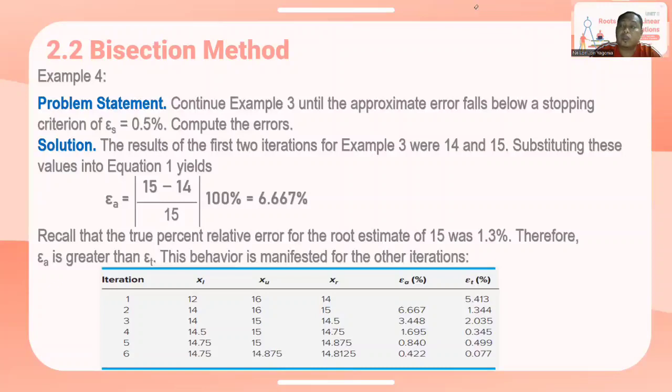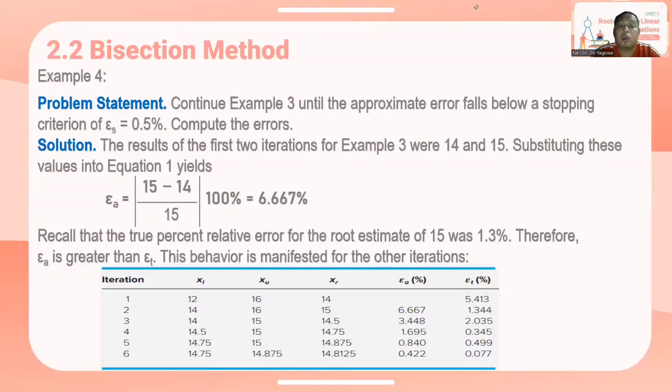We have also example 4. We just continue example 3 until the approximate error falls below a stopping criterion of epsilon sub s, which is 0.5%. Then we compute the errors.